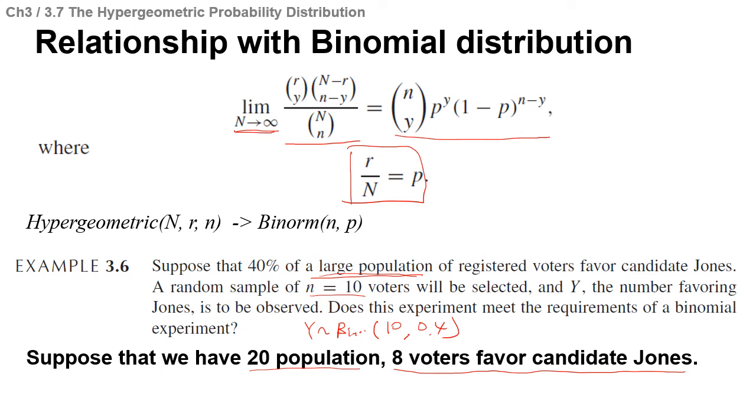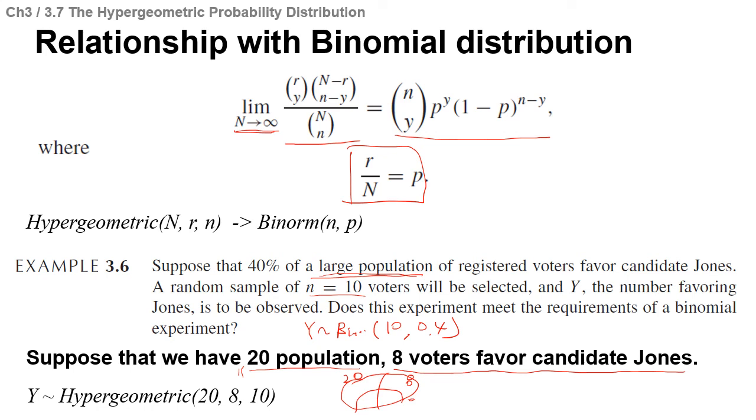If this is the case, then it would follow the hypergeometric distribution, because in this case we have a population of 20, and among them 8 favor candidate Jones, and we are choosing 10 voters, so this is a hypergeometric distribution.